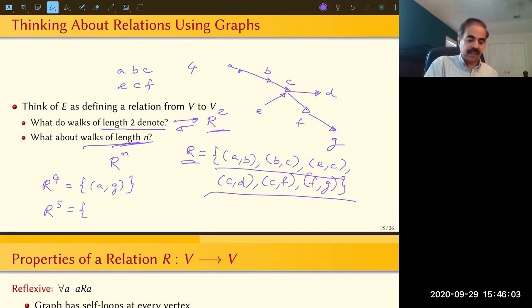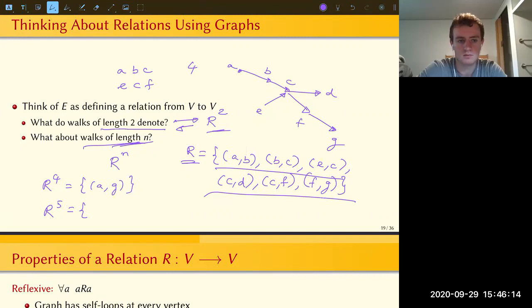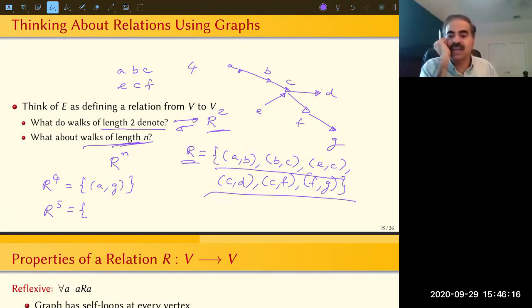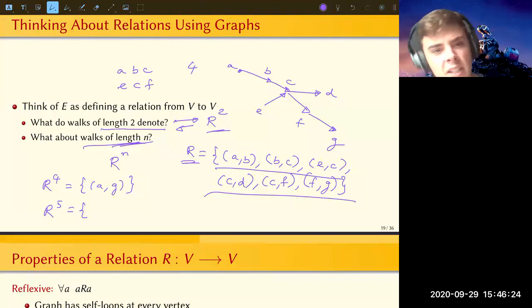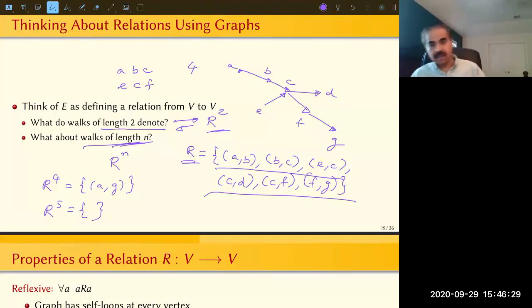What are the pairs in R to the power 5? Well, there's only one guess, so you can make a guess, and if it's wrong, we can learn from it. Yeah, Joseph. Isn't it just empty? Yeah, it's an empty relation, right? So R to the power 5 is an empty relation.